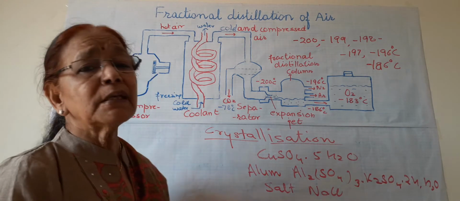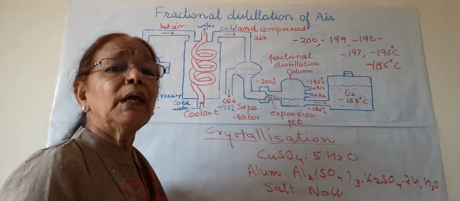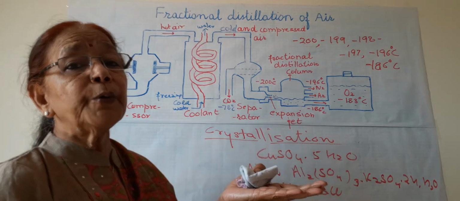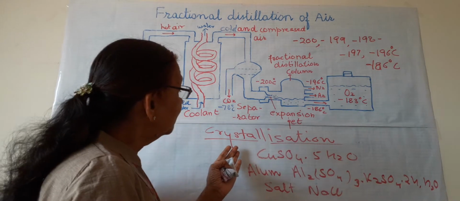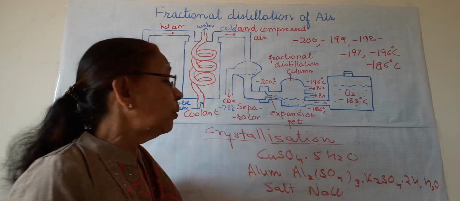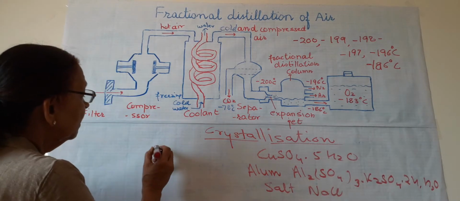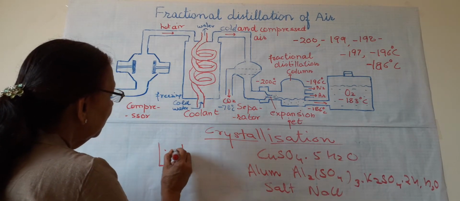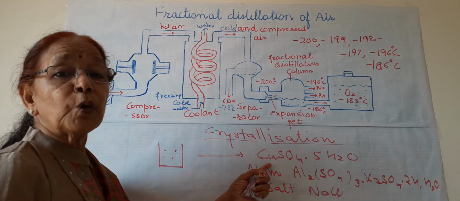Crystallization is better than evaporation. In evaporation, all the impurities settle with the compound, but in crystallization, all the impurities are left in solution. Suppose we want to form CuSO4 crystals, then what will we do? In a beaker, we take CuSO4 solution.